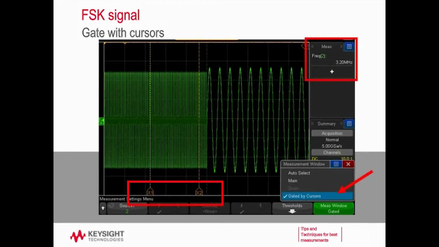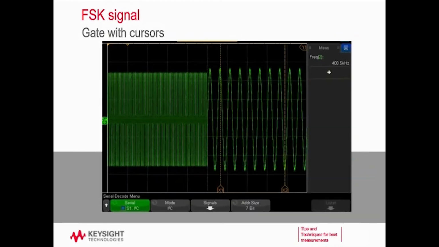So let's look at our measurement here, and we can see I'm measuring on that more dense signal on the left, and sure enough, it's 3.2 megahertz, and that measurement's only being made between the cursors there. And of course, we can do the same thing for the 400 kilohertz portion of our signal. You can see I've moved my cursors over using the touchscreen, and I'm now getting a frequency measurement of 400 kilohertz like I expect to see.